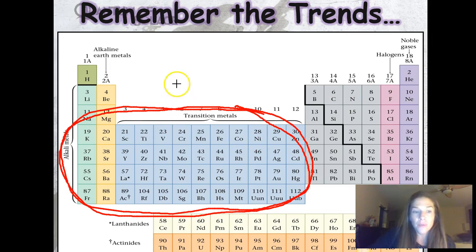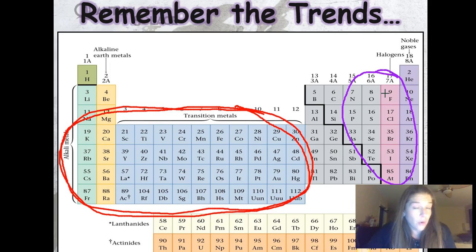Then on the right-hand side of the periodic table, we've got the nonmetals. So here are our metals, here are our nonmetals. Over here in the nonmetal portion, they have 6 or 7 valence electrons in their outer shell. So it's much easier for them to just gain 1 or 2 rather than to get rid of 7 or 6. So we call these guys the gainers.